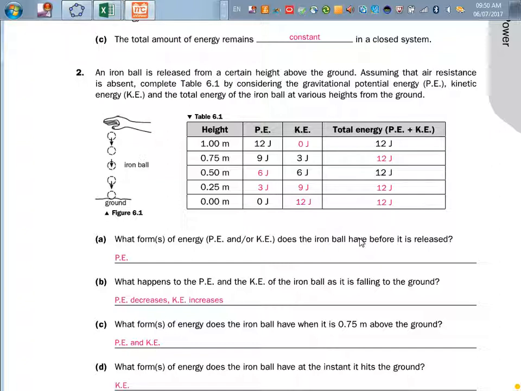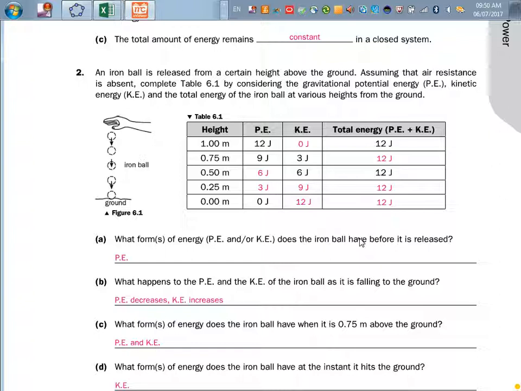But if the speed is 0, then the kinetic energy is also 0, right? If the kinetic energy is 0, gravitational potential energy is 0, then where is all the energy? Is the total energy 0? Cannot be. Your principle of conservation of energy states that energy cannot be created, it cannot be destroyed, it can only be converted from one form to the other.